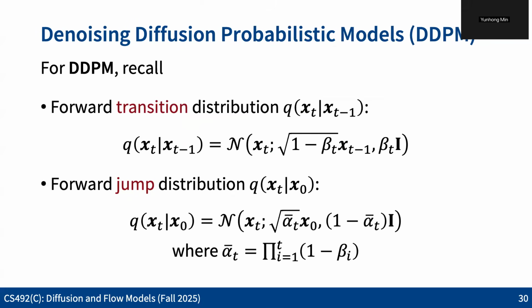In the DDPM case, we have seen that the distribution is defined like this, and the forward distribution is like this, right? Both of them are Gaussian distributions. So what we are going to briefly see is that given this definition, we also derive the forward SDE, right? And from the forward SDE, now we can also derive this, right? And the things that we derive from the forward SDE should be aligned with this definition, right? So we're going to briefly check this out.